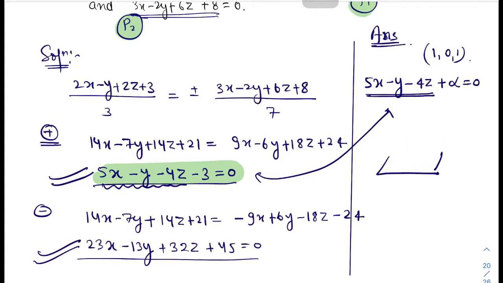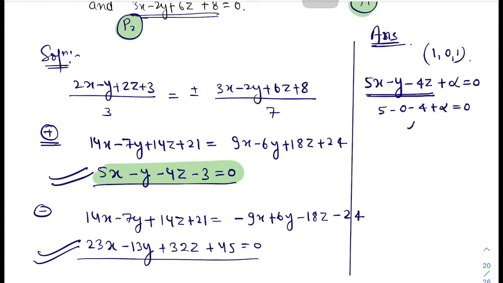So in order to write the parallel plane, we can just take this coefficient of x, y and z as same, okay. Fine. So one plane is this, but it is passing through 1 comma 0 comma 1. So if we satisfy, we'll get 5 minus 0 minus 4 plus alpha equal to 0. So alpha comes out to be minus 1, okay.